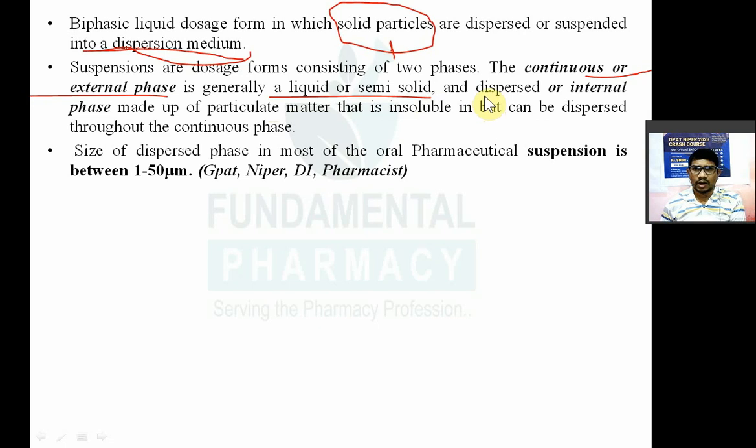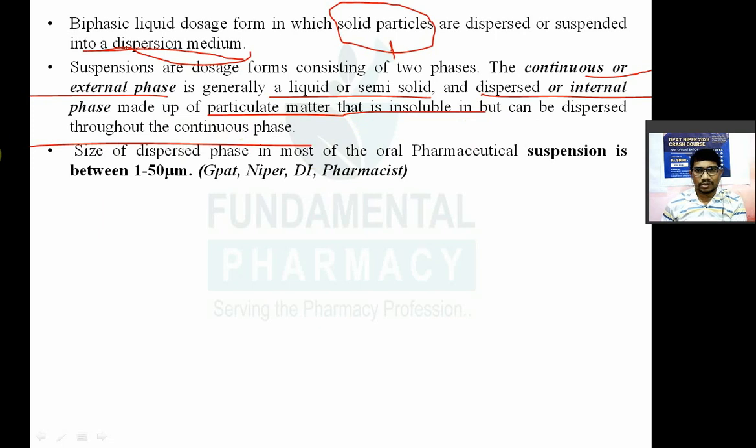Another phase is the dispersed or internal phase. It is made from particles or particulate matter which is insoluble but can be dispersed throughout the continuous phase. So that is the suspension.